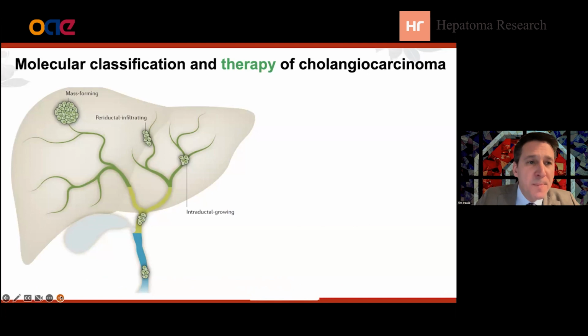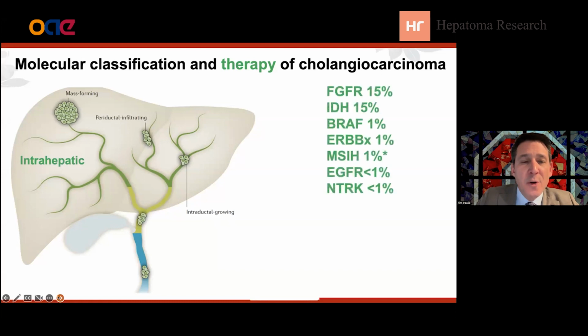And now most patients are treated in the adjuvant setting with capecitabine, especially those with nodal disease. However, this therapy is still relatively ineffective or modestly effective at best. And the future really is in targeted therapy for this disease.